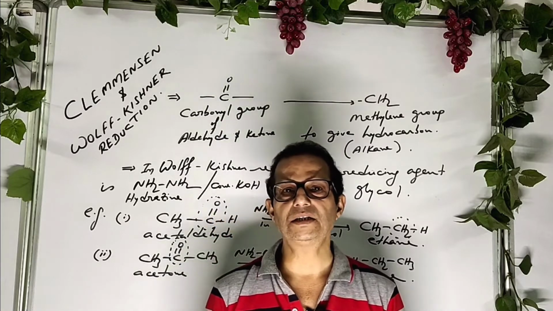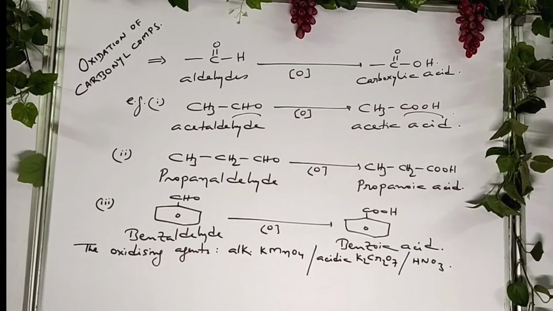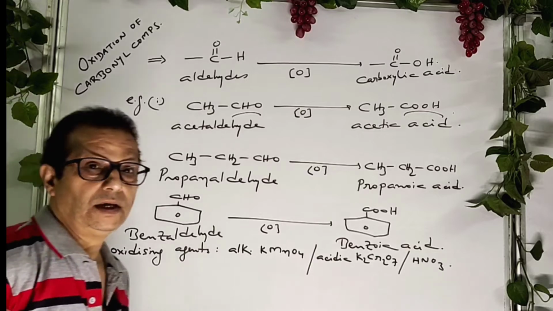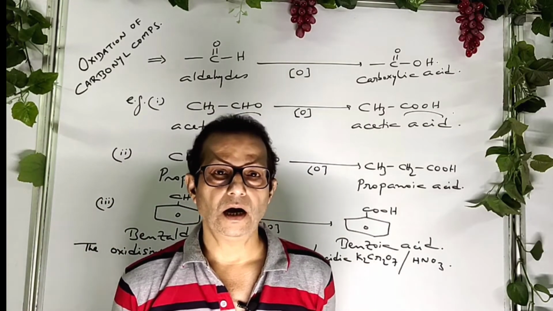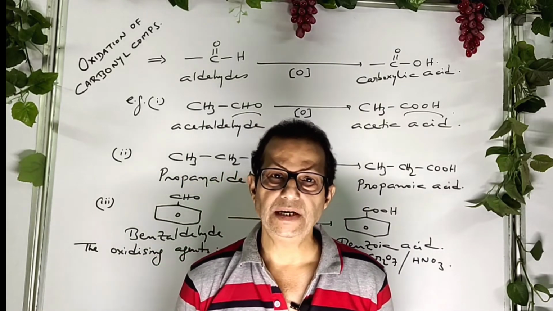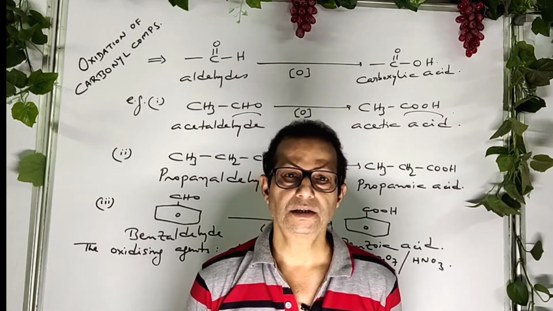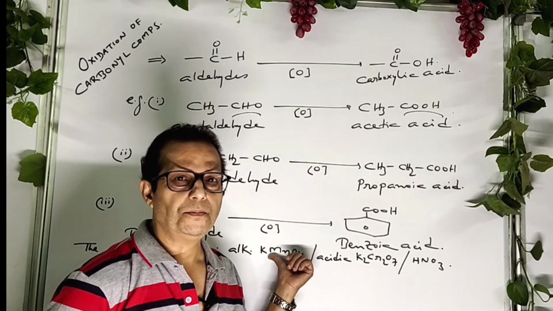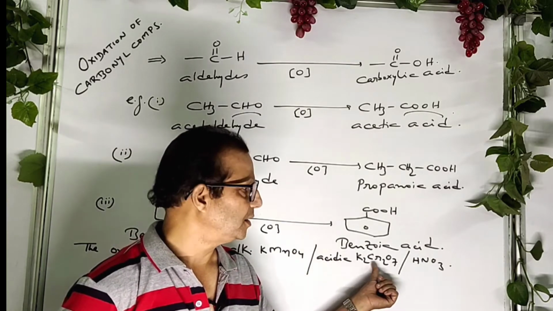So the next topic is oxidation of aldehyde and ketone. So you see, aldehydes easily undergo oxidation in the presence of oxidizing agents mainly such as alkaline solution of potassium permanganate, acidified solution of potassium dichromate, and nitric acid.